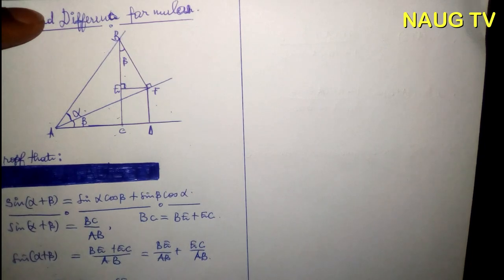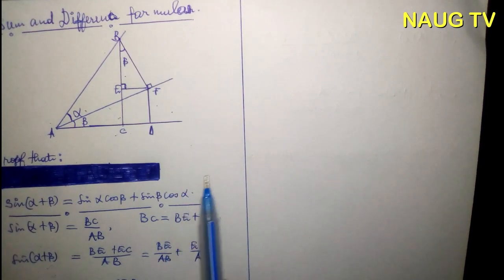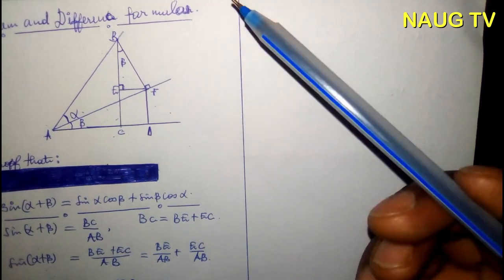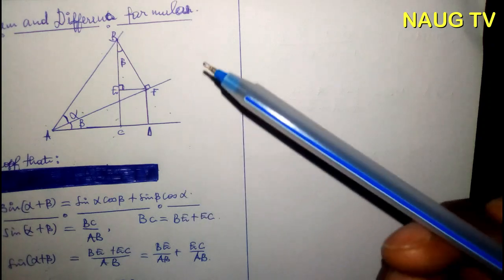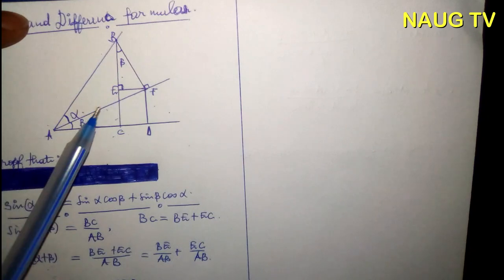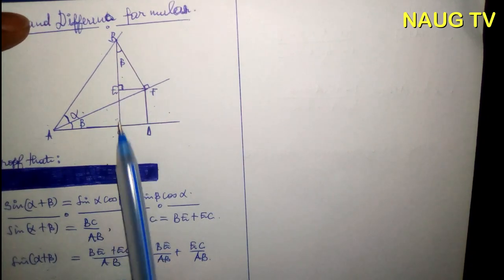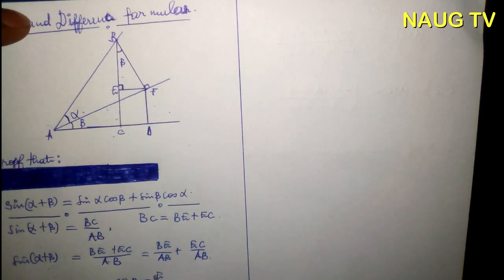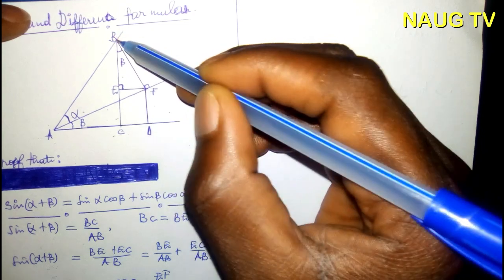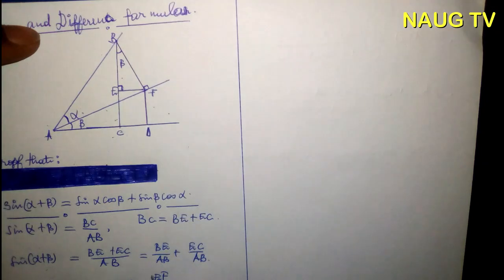Sine of beta is equal to the opposite side over the hypotenuse. So the opposite side of this angle beta is EF, so it would be equal to EF over the hypotenuse. The hypotenuse is BF, right?